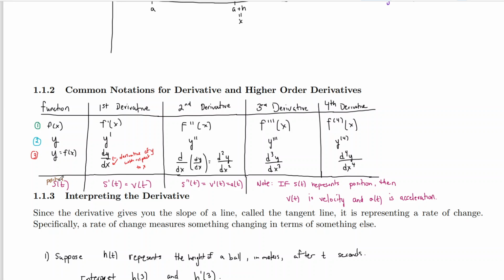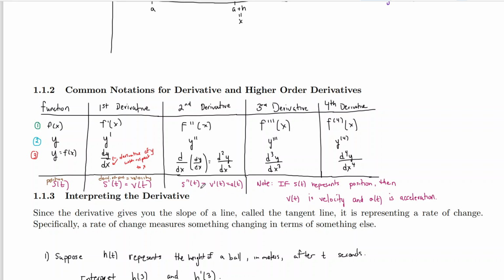And typically we use the letter s of t, but if we use something like height, we might use h. It doesn't have to be s. But when you do the derivative of position, that actually equals what we know as the velocity. So you're probably familiar with the idea of velocity. And we'll actually see as we go through problems that it'll make sense. If you know what velocity is, or at least you know what the speed of something is, it's related to velocity. The derivative of position is velocity.